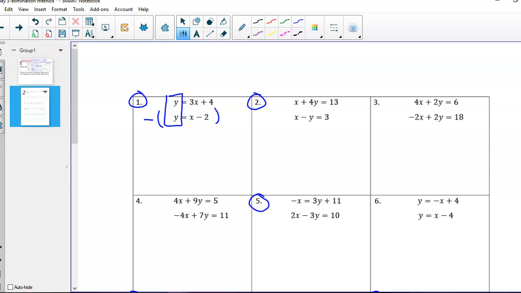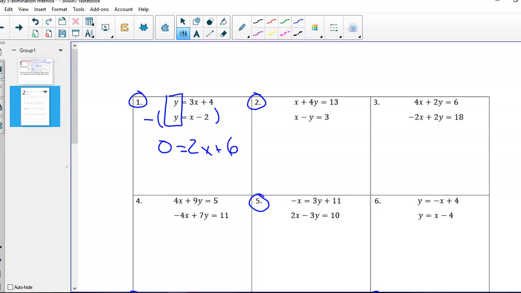Y minus y is what? 0. 3x minus x is 2x. 4 minus a negative 2 is plus, it makes sense.